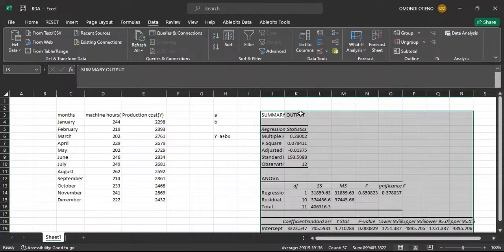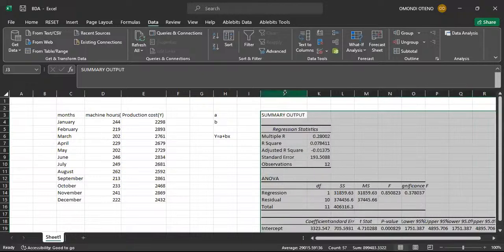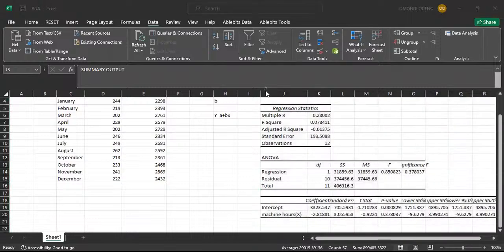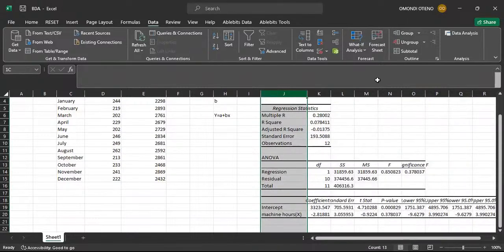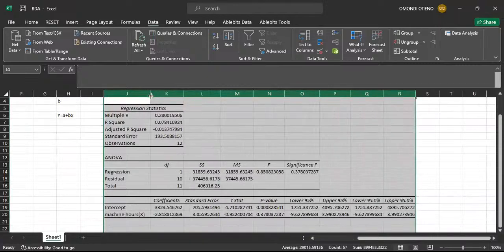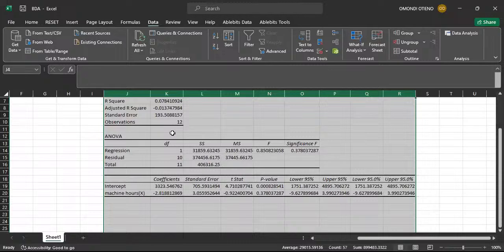After pasting, you now do regression analysis.